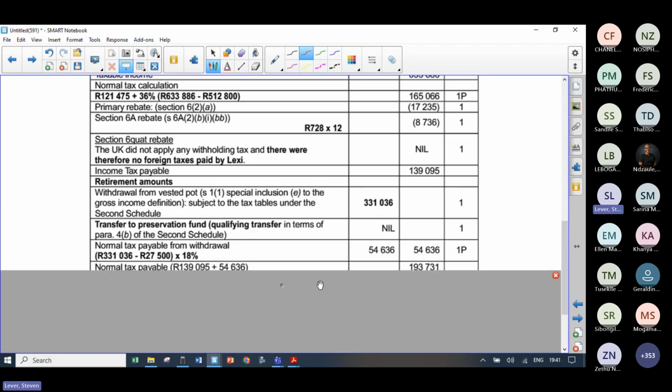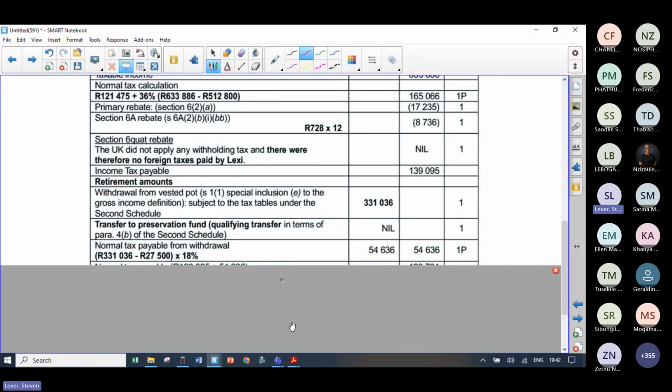So which table are we going to get taxed on? We are going to get taxed on the withdrawal tax table here, because this question asks you to calculate tax payable. So you're going to go, there's the 27,500. It's on the withdrawal tax table, not on the retirement tax table. So when you take stuff out of your vested amount, traditionally, if you're not of retirement age, it goes in as a withdrawal lump sum.